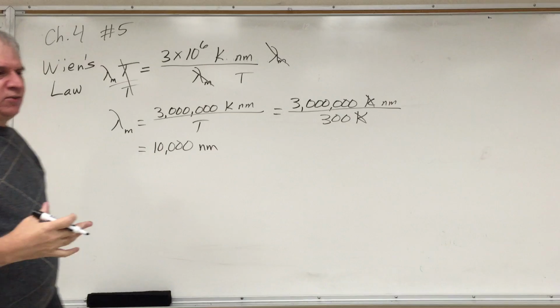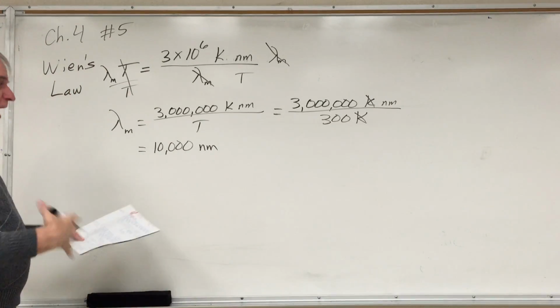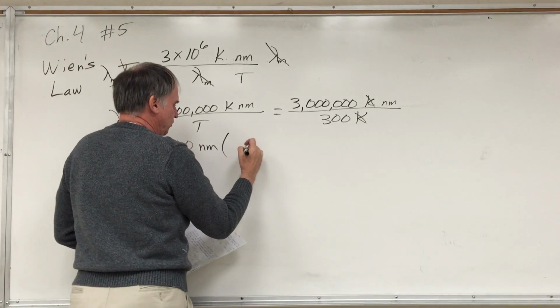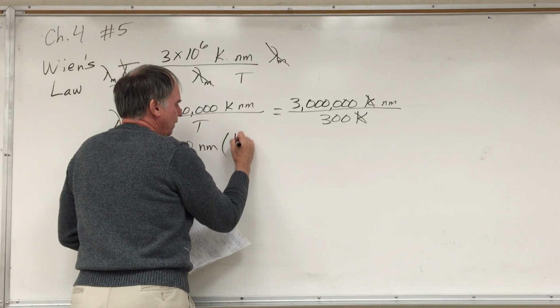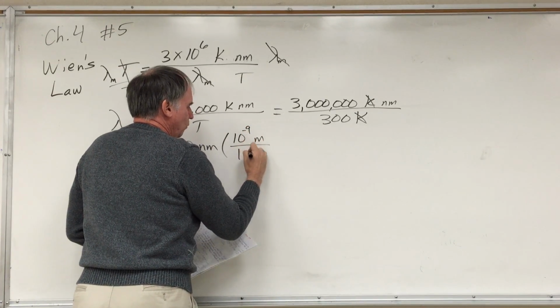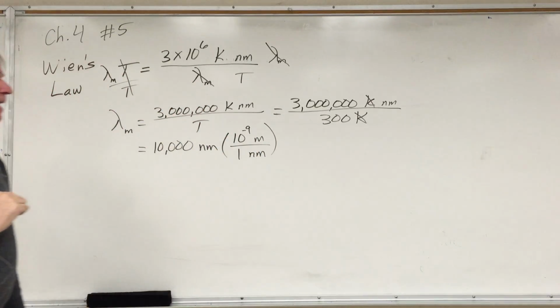Now, nano is 10 to the minus 9, just fractions of a meter. So this is a lot of small fractions. We could convert this to meters. One nanometer, nano stands for 10 to the negative 9, a billionth.